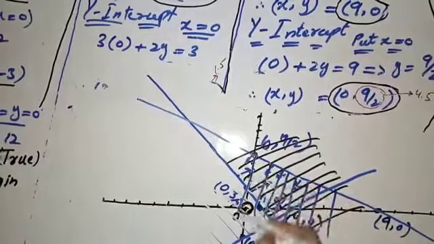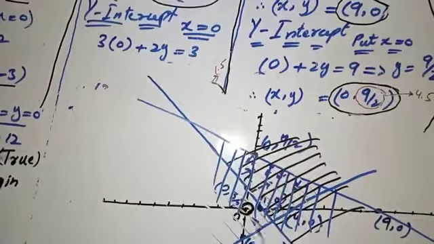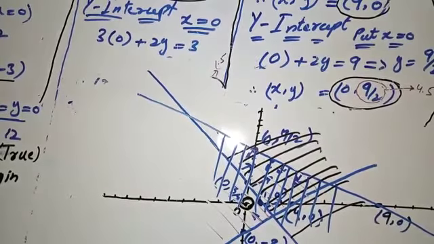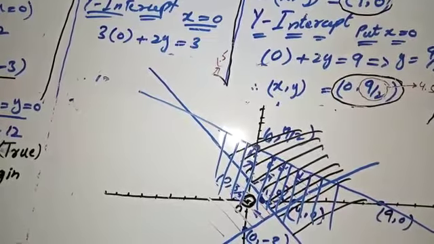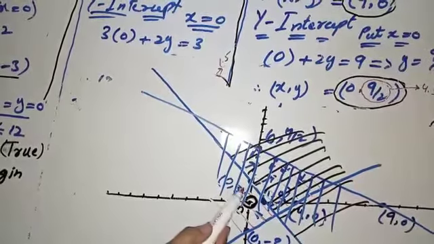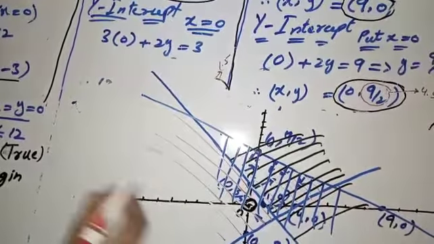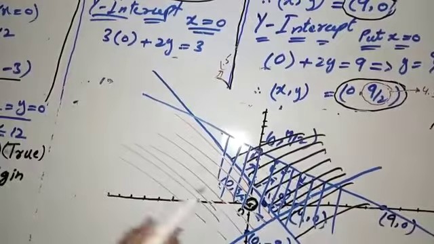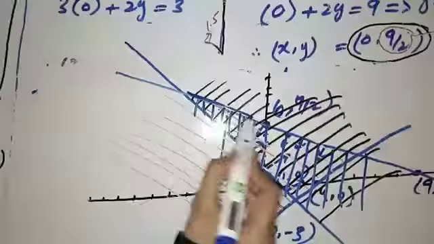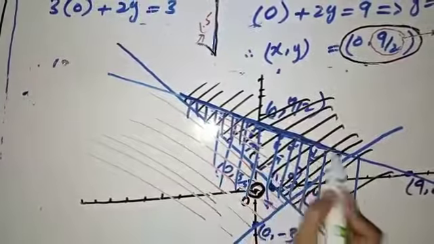The combined area of black, blue and red lines is our required graph. So this region is our required graph.